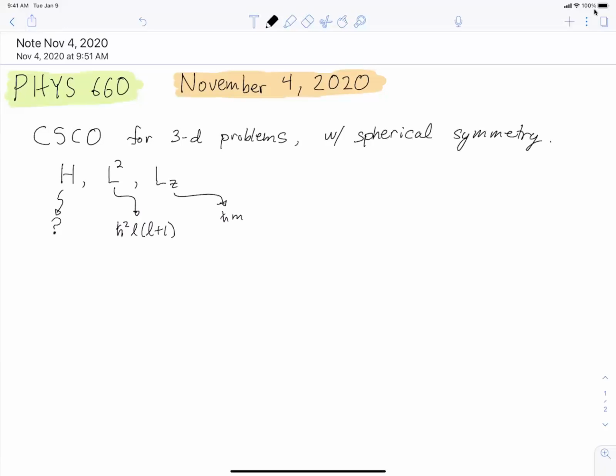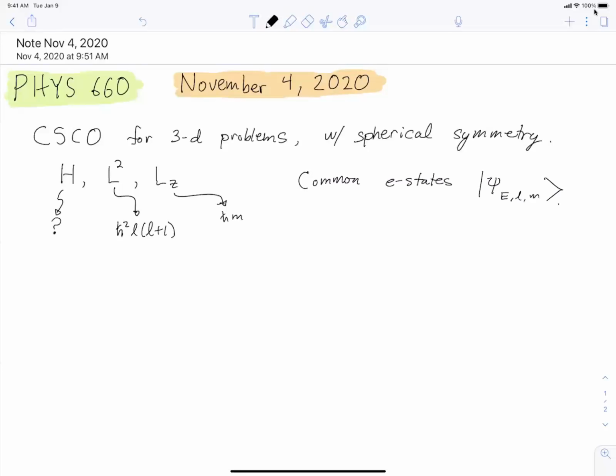But because we have spherical symmetry, we know these all commute, and so they have simultaneous eigenstates. So there are common eigenstates, which we label as psi sub ELM. Those are kets in the Hilbert space.